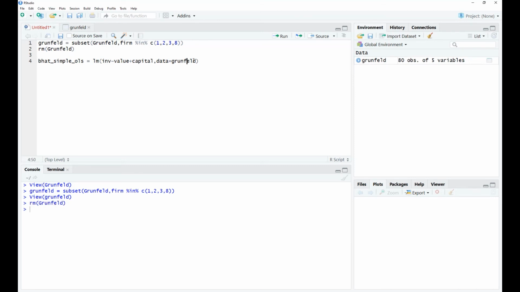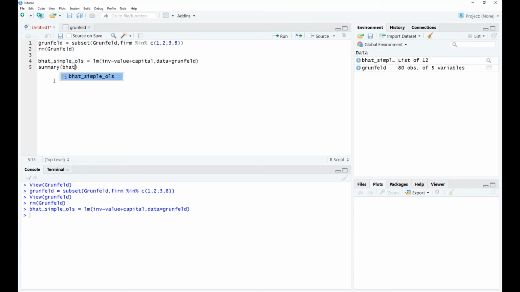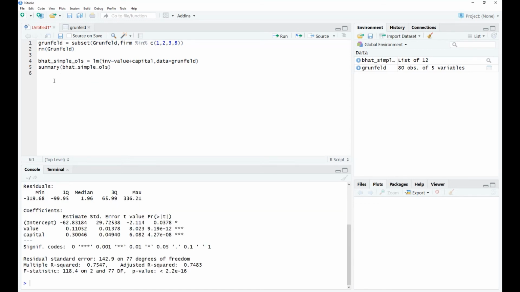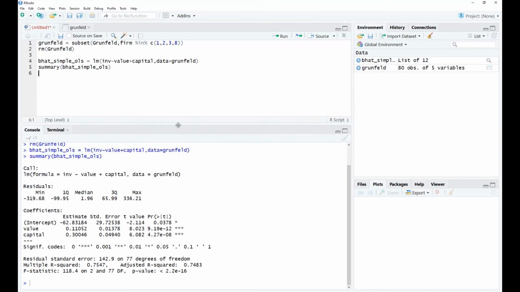This will cut down on errors. So when we run the b hat simple OLS and we summarize, we get our coefficient estimates, which describe the investment activity of the firm as a function of value and capital. And we see that both value and capital are determining the investment activity because they are both statistically significant.